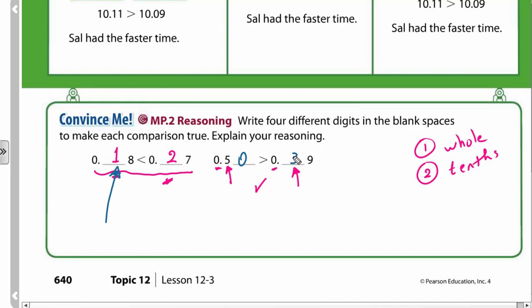So 5 is greater than 3, so this is correct. So whatever the digit that you use here, it will be correct. So you can use 0. Of course, we used 1, 2, 3. So you can use 0 or any other number other than 1, 2, and 3, of course. Okay, my heroes. Thank you, Muhammad.